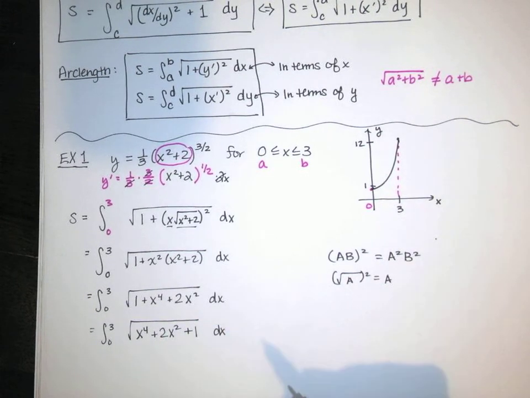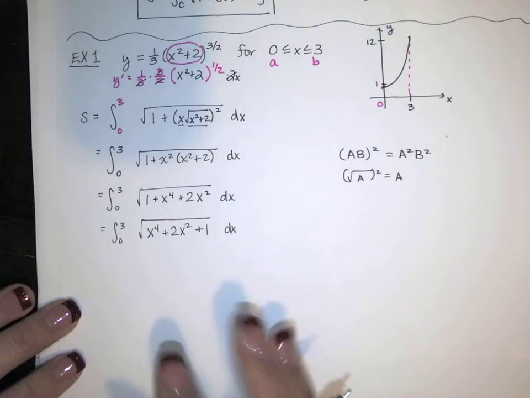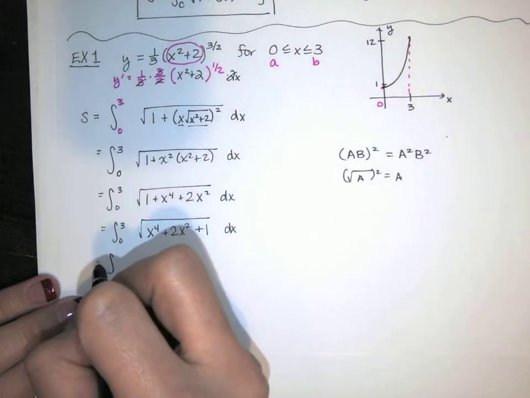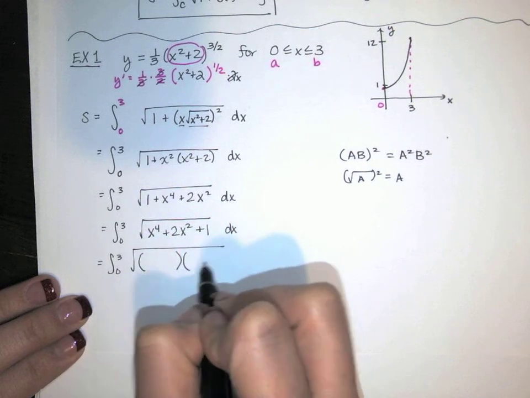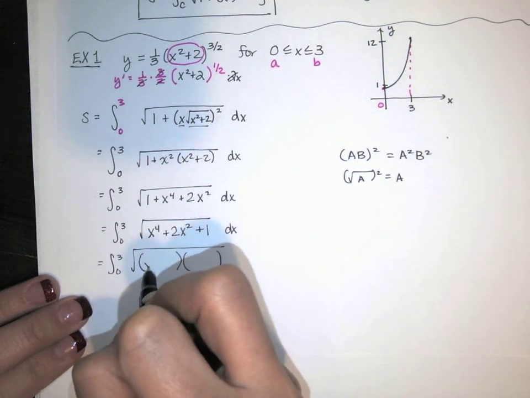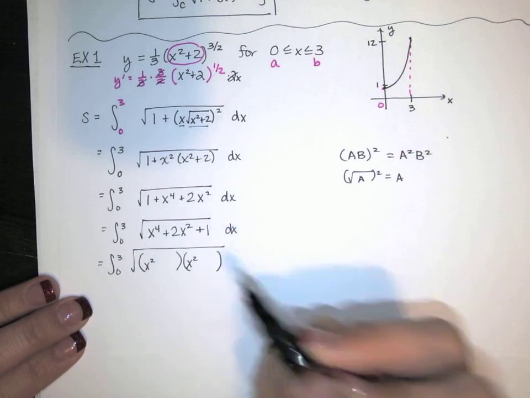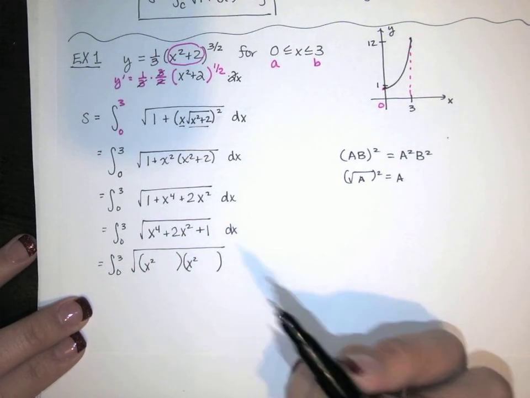That's a perfect square, guys. You might say, how do you know? Well, it factors. Watch this. First times first has to be x to the 4th. So if I've got an x squared here and an x squared here, x squared times x squared is x to the 4th because we add the exponents.